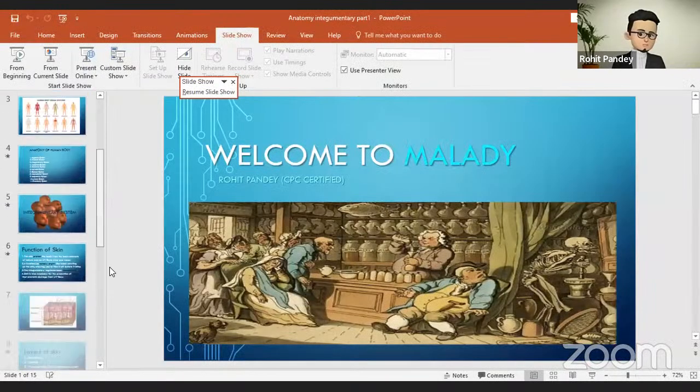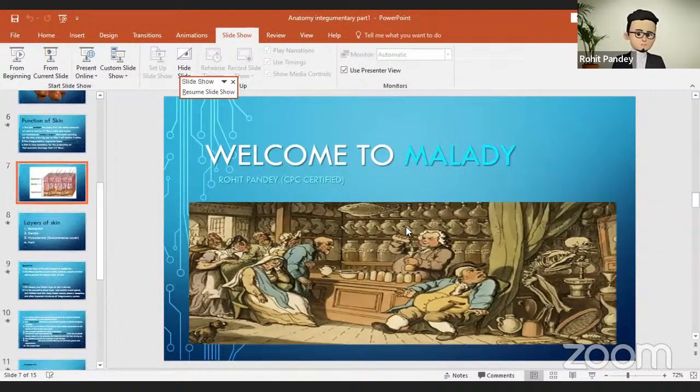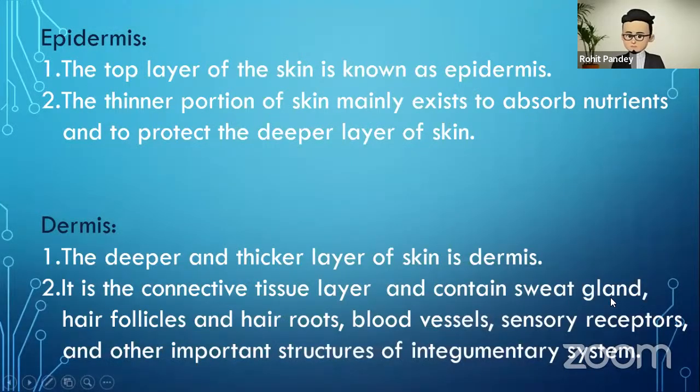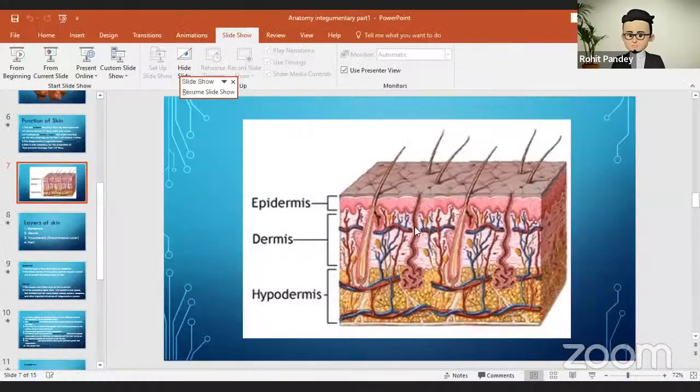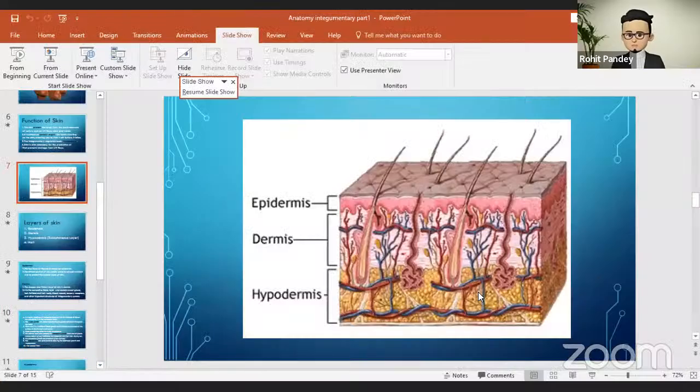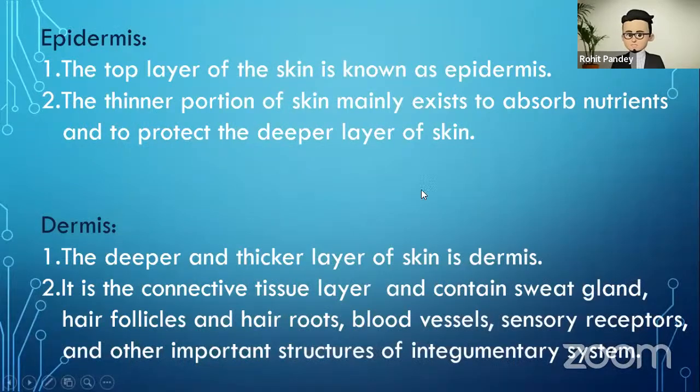Here you can see sweat glands, hair follicles, these are hair follicles. Hair roots, here you can see hair roots, blood vessels, these are blood vessels, sensory receptors, these are receptors, and other important structures of the integumentary system.